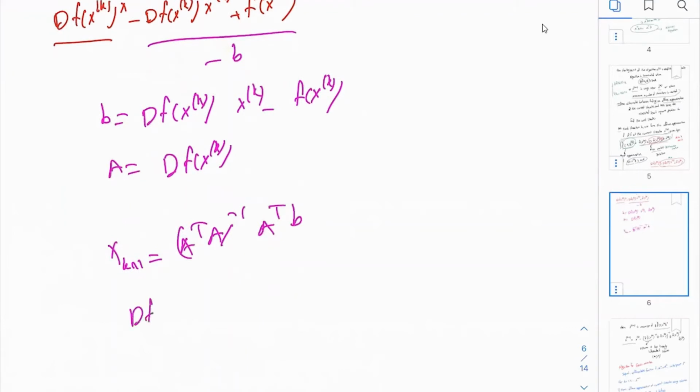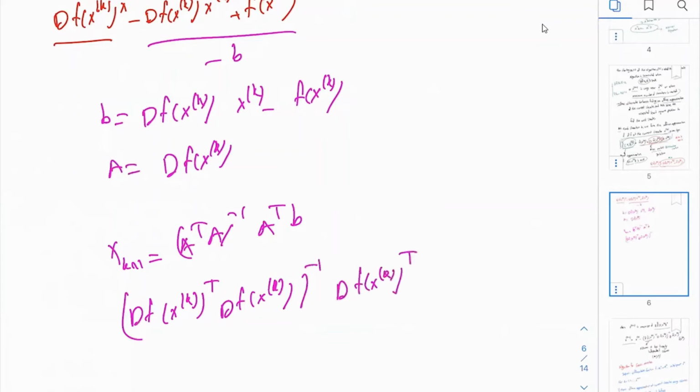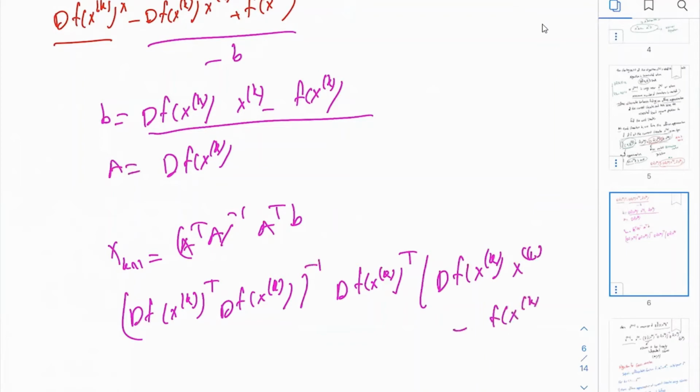Is equal to d f of x of k transpose d f of x of k, right? Inverse d f of x of k transpose times this quantity, right? Times this quantity. D f of x, because this is b, x of k minus f of x of k.